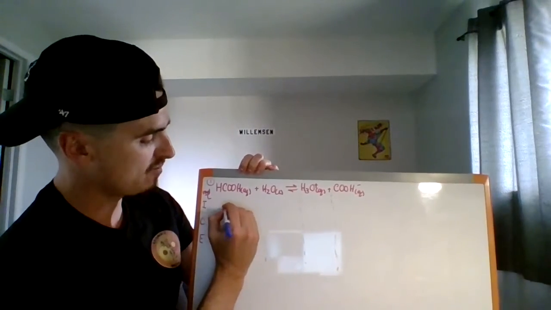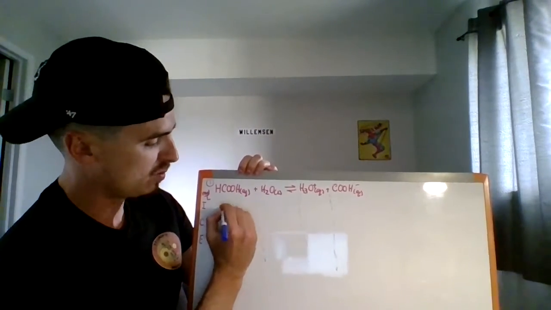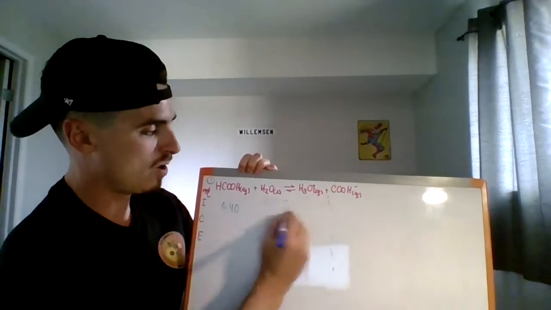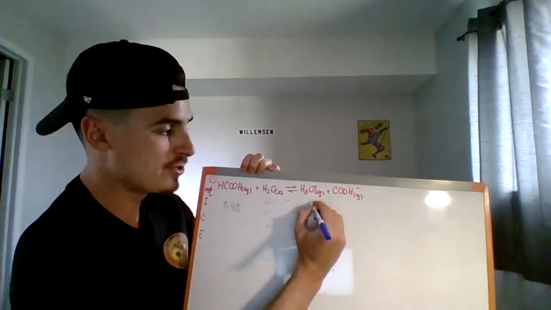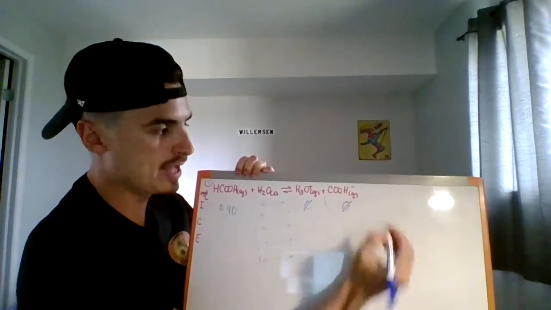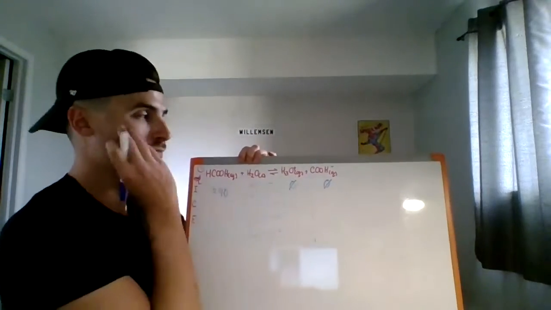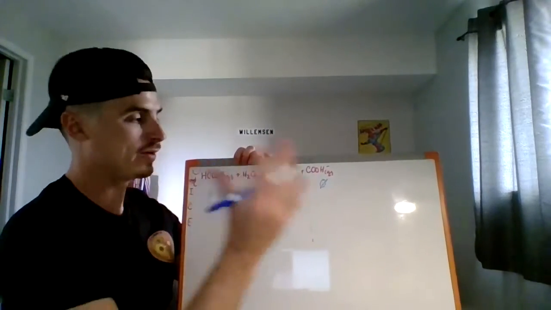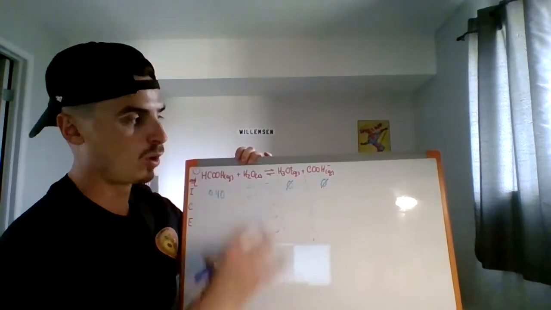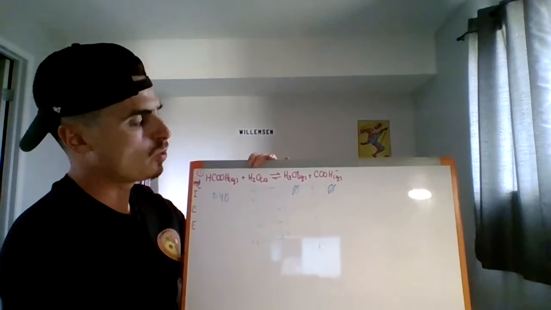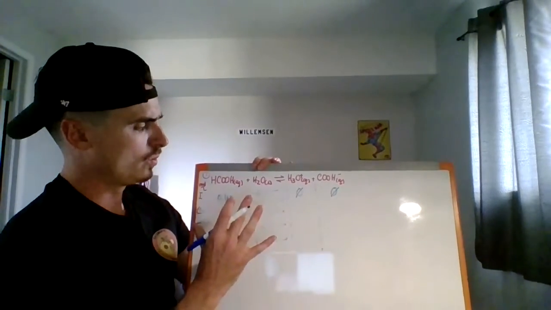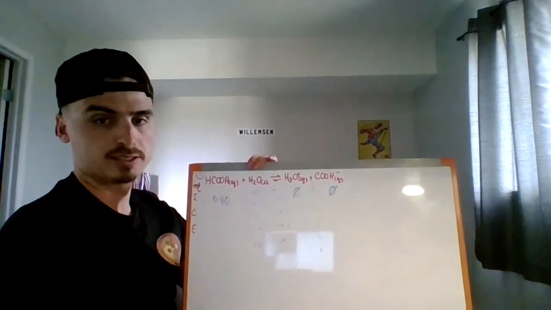And how much did I have? I had 0.40 moles per liter. Water's irrelevant. I had no hydronium, and I had none of the anion. These are my initial concentrations.